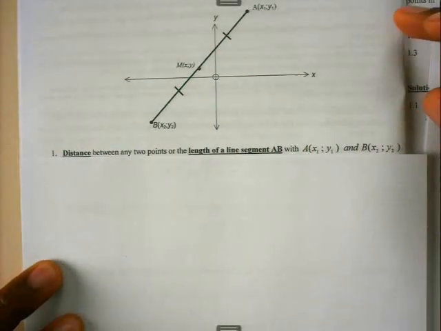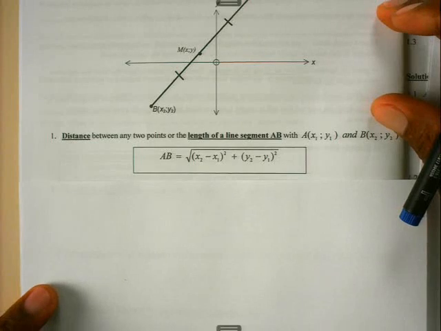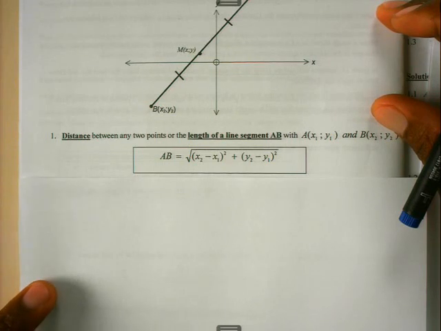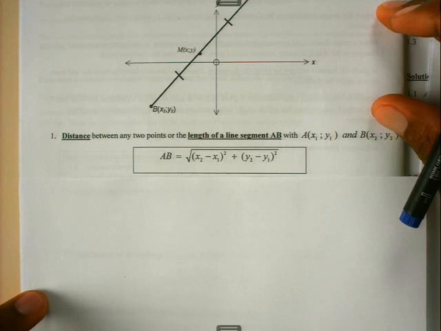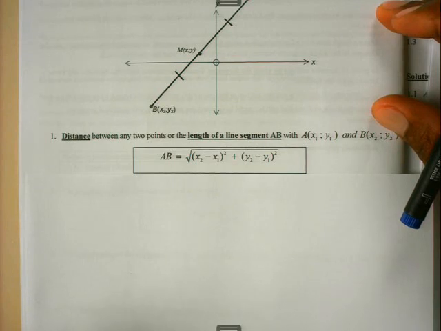This is the formula that we use: AB equals the square root of (x2 minus x1) all squared plus (y2 minus y1) all squared. It is very important to familiarize yourself with the formula sheet.